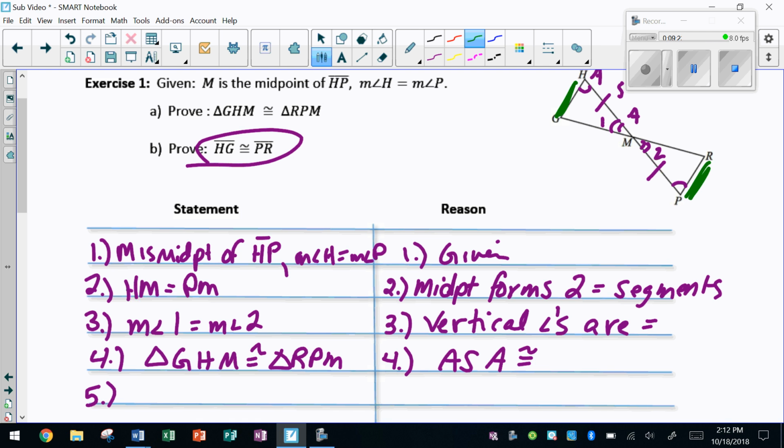And the answer is yes, we can, because if the triangles are congruent, then all corresponding parts of those congruent triangles are congruent. So I'm going to finish up my proof with saying HG is congruent to PR, and that is because of corresponding parts of congruent triangles are congruent, also known as CPCTC.